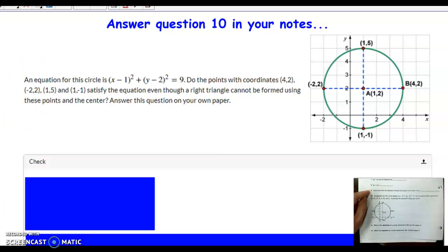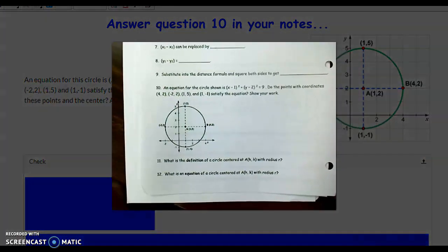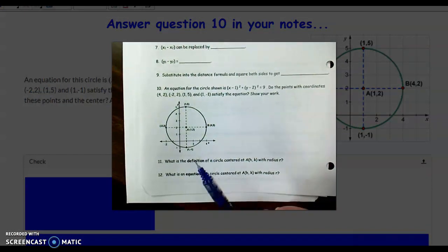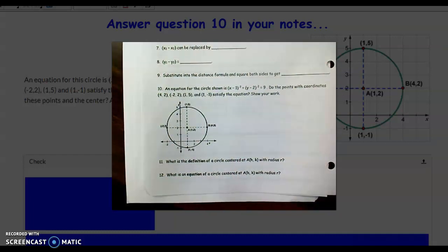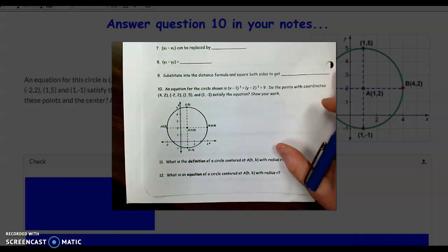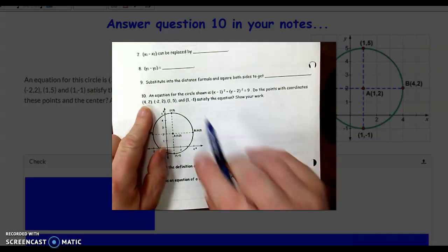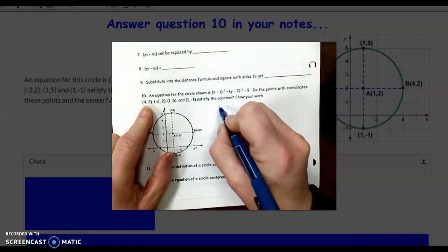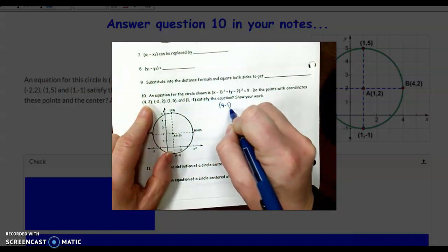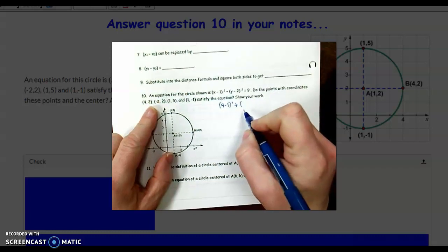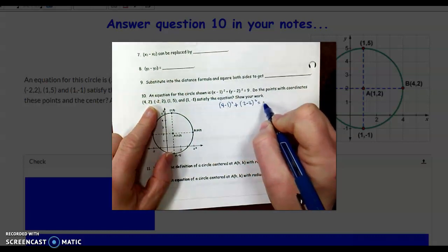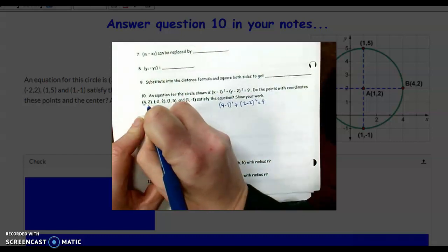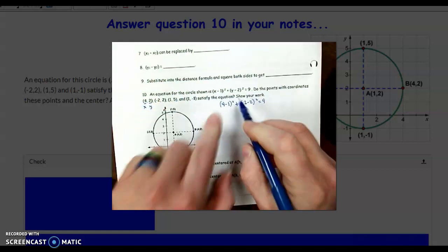So just like we do with points, if we want to know if a point is on a circle, we're simply going to plug it in for the x and y in the equation and see if it makes it a true statement. So if I put the point 4, 2 in, I would have 4 minus 1 squared plus 2 minus 2 squared equals 9. So I put 4 in for x and 2 in for y.